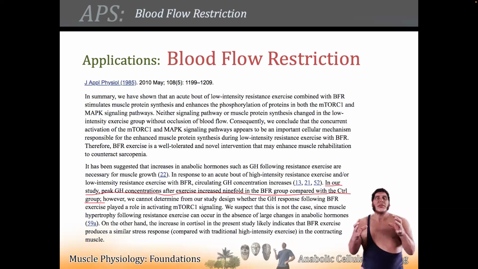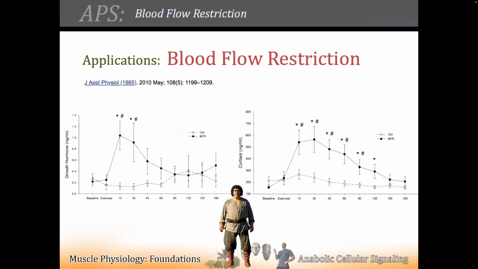But here are the findings. There was a 9-fold increase in peak growth hormone levels after exercise in the blood flow restriction group. And then they saw activations of both PI3K mTOR and MAPK. Here's a visual representation of the findings. You do see cortisol elevated too, and we already discussed how cortisol has catabolic effects.